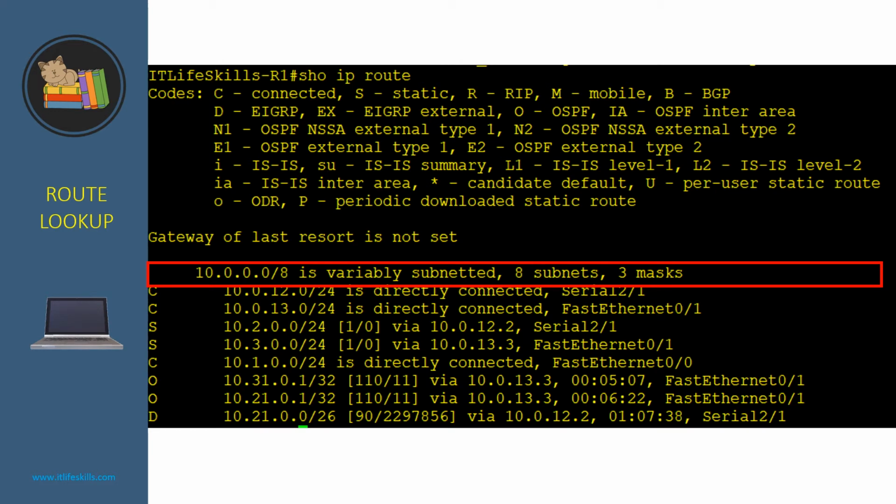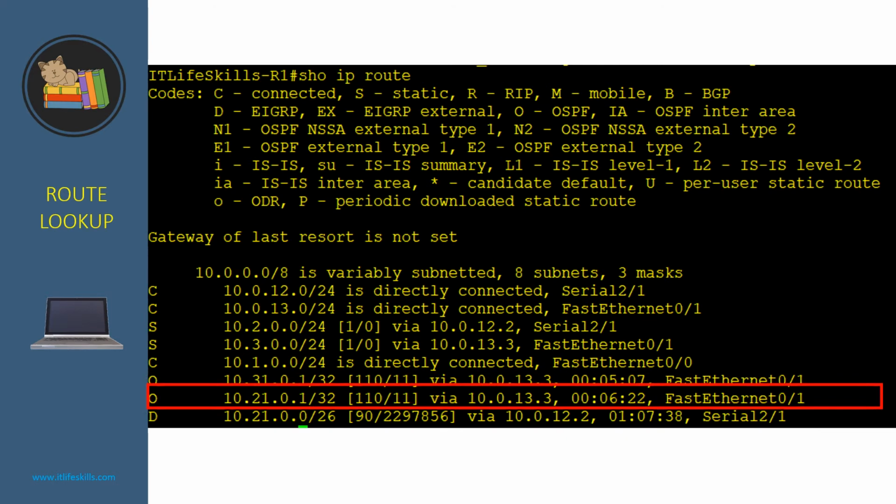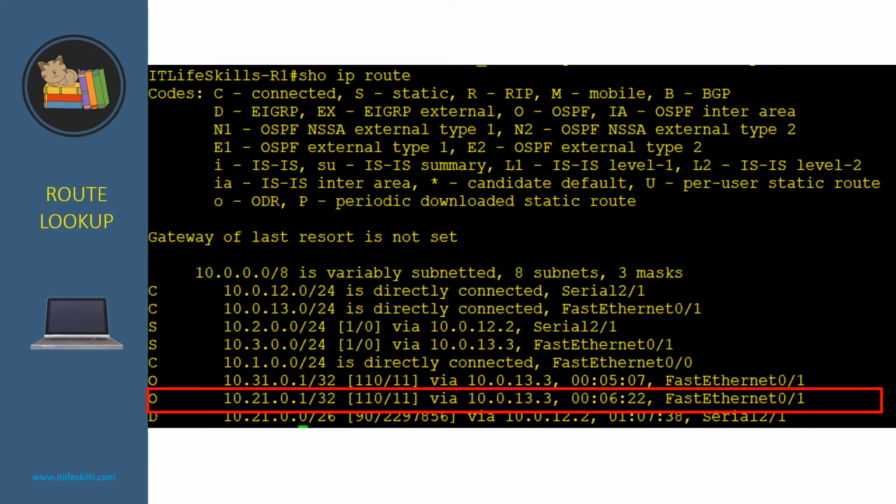The router performs route lookup sequentially from top to bottom. When it finds a match, it skips all other entries below. It follows the instruction in the route entry to forward the IP packet. If it does not find a match, then it will drop the packet.